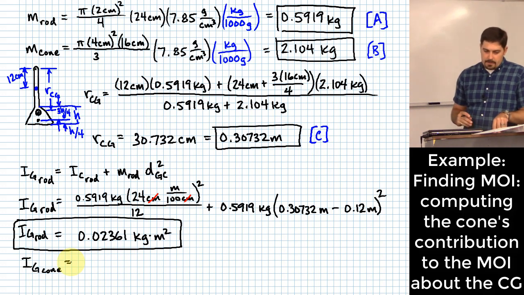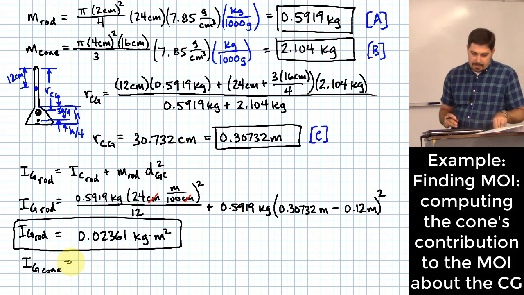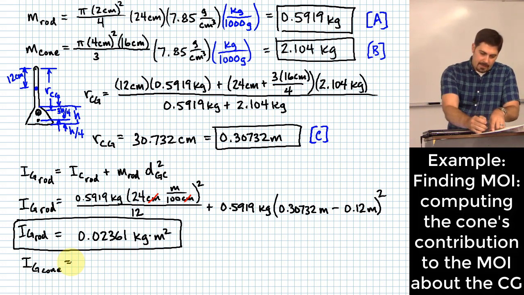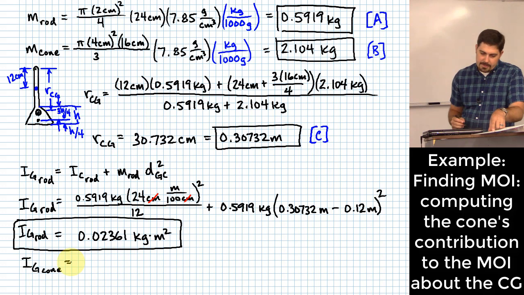All right. So fortunately, we are given that. Also in this page that's on the back of the book, we're given a formula that allows us to find that. Okay, so I'm looking at the cone here. The formula it gives is 3/80 m times 4r squared plus h squared.